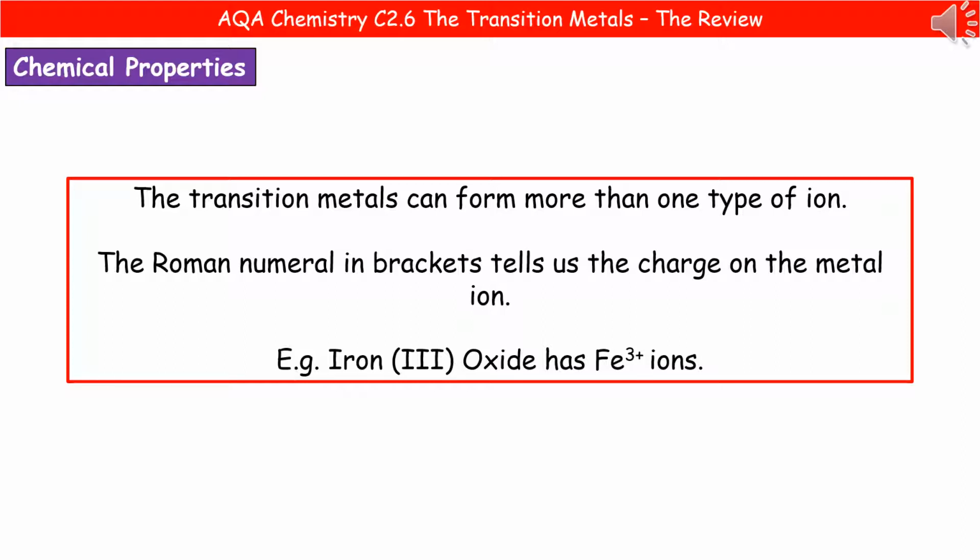Now, it could be a little bit tricky to identify what type of ion you've got, but when they're writing out the names, the little number in brackets in Roman numerals tells us the charge on that metal ion. So if we've got iron with the 3 in brackets there with Roman numerals, oxide, then we've got Fe3+ ions. If it was a 2 in the brackets, it would make Fe2+ ions. So whatever the Roman numeral in the brackets is, tells you the charge on the metal ion.